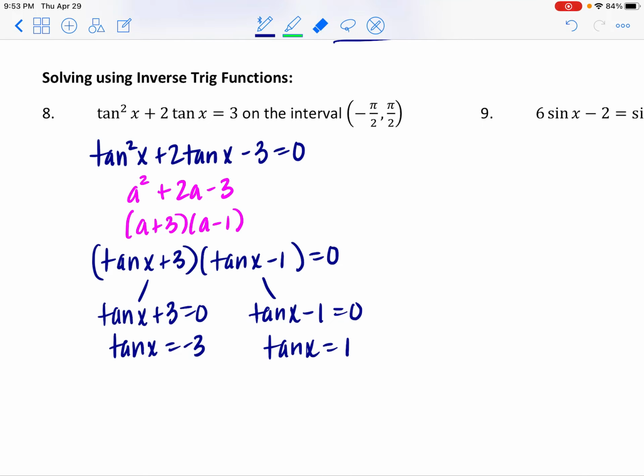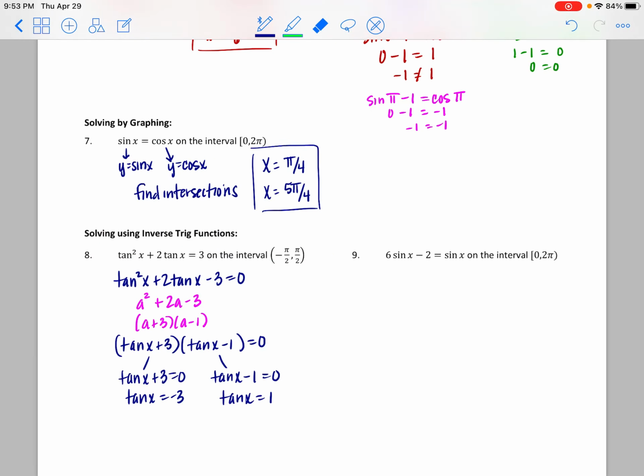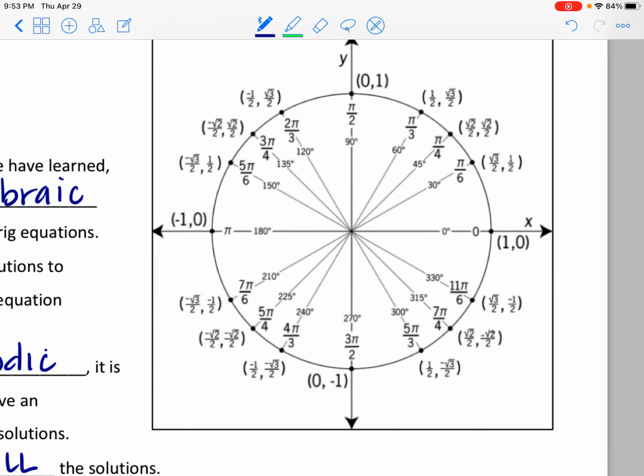But we do have the issue that there isn't a place on the unit circle where our tangent is going to be -3. Our tangents are y's over x's. We end up with radical 3's in all of them unless it's a 0. Let me go to the unit circle so I can not try to watch this when I'm explaining.